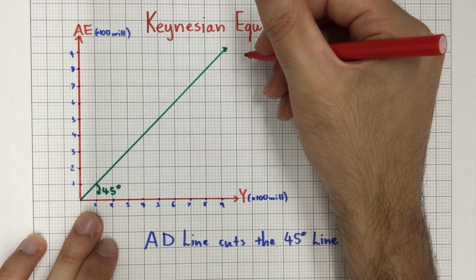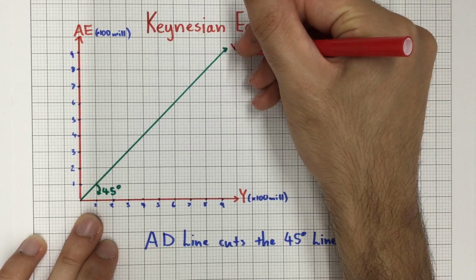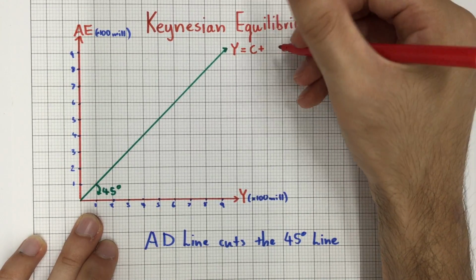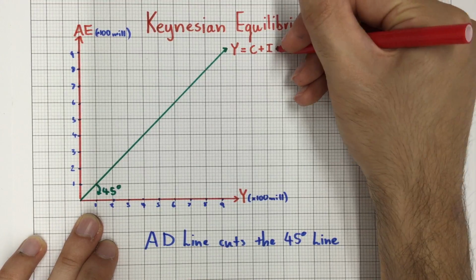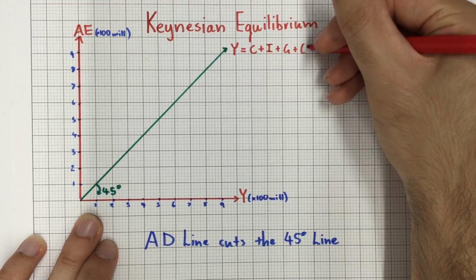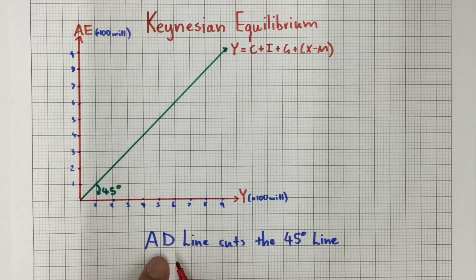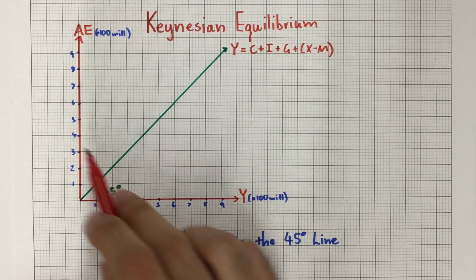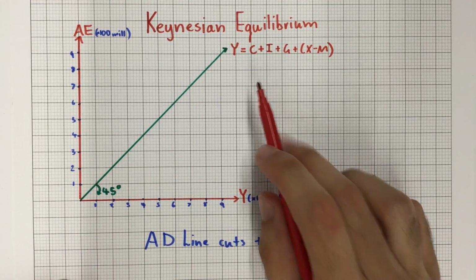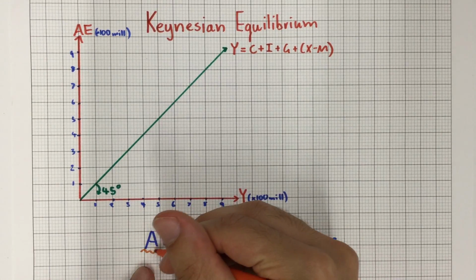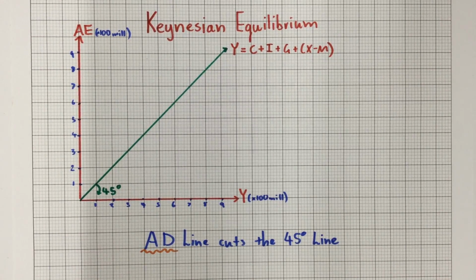So anywhere along this 45-degree line, our income is equal to aggregate expenditure, which is consumption plus investment plus government spending plus net exports. Okay, so we're looking for where our aggregate demand line intersects this 45-degree line. Before we do that, let's unpack this concept of aggregate demand a little bit more.